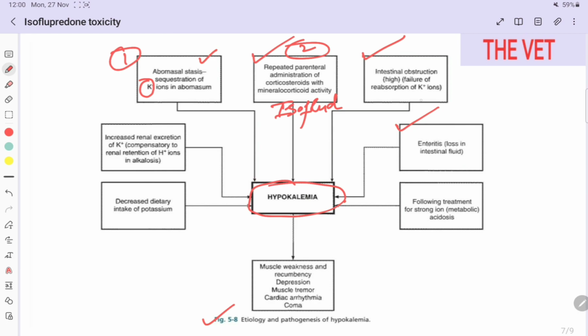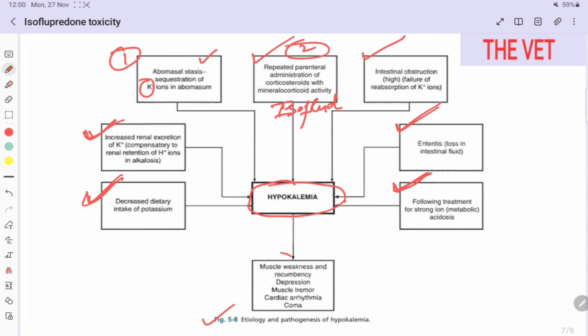In intestinal obstruction, absorption of potassium is hampered, due to which there is hypokalemia. Also, if we treat acidosis, there is hypokalemia. Decreased dietary intake also leads to hypokalemia. And in alkalosis, there is loss of potassium compensating for the hydrogen ions, which causes hypokalemia.